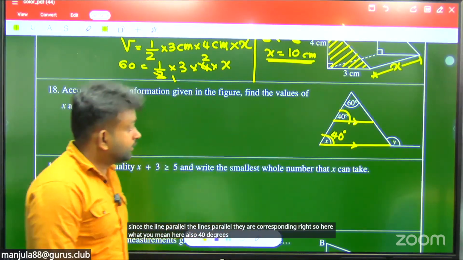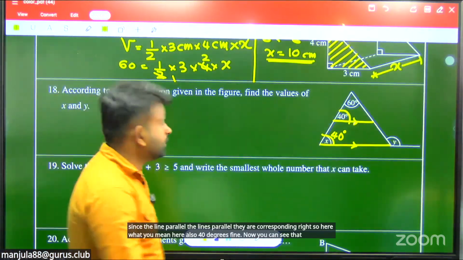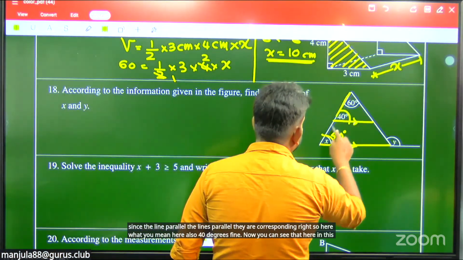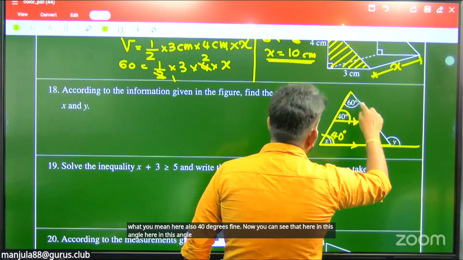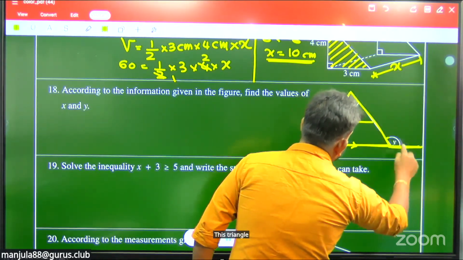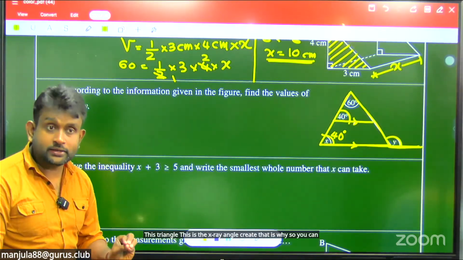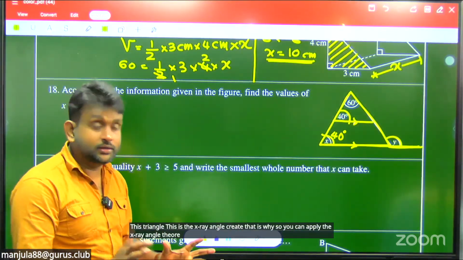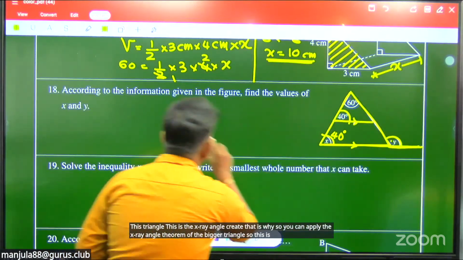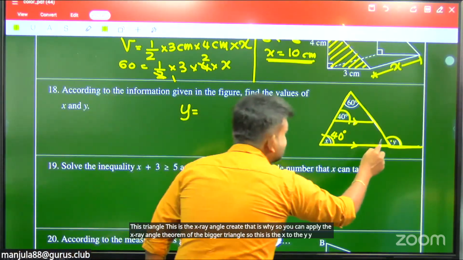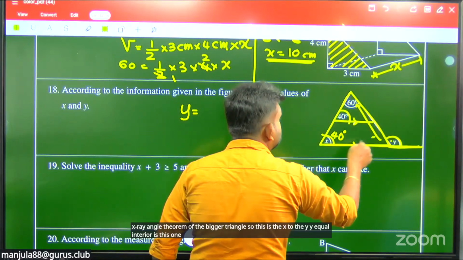Now in this triangle, the exterior angle created is y. So you can apply the exterior angle theorem of the bigger triangle. Y equals the sum of the interior opposite angles, 60 plus 40.